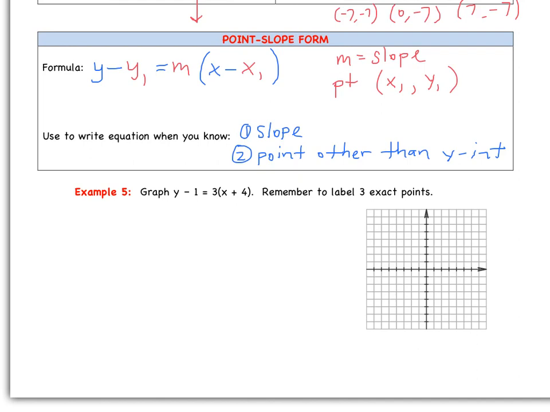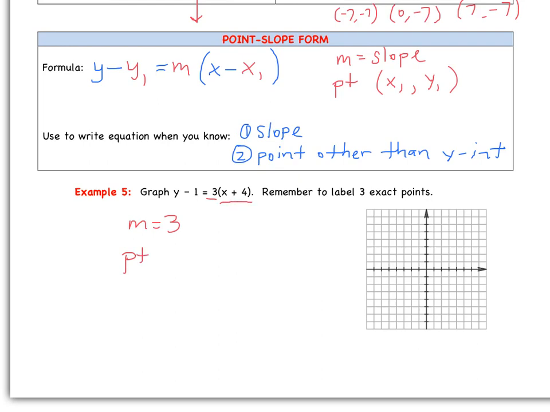Okay, so let's look at this example 5 where we're graphing y minus 1 equals 3 times the quantity x plus 4. Remember to label 3 exact points. Okay, so the first thing you should be able to identify is our slope. And what's in the place of our m is 3. Okay, now our point, we look at what's with x.